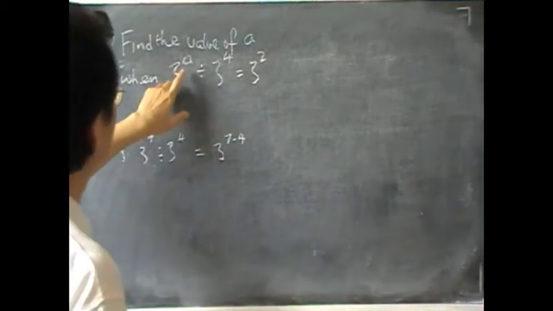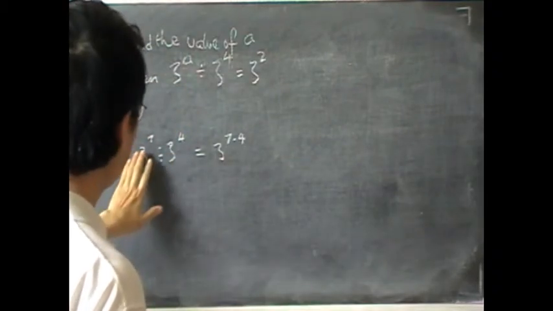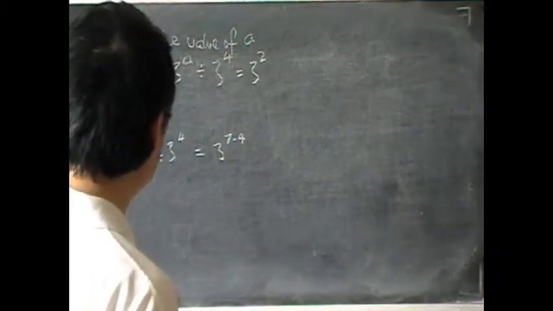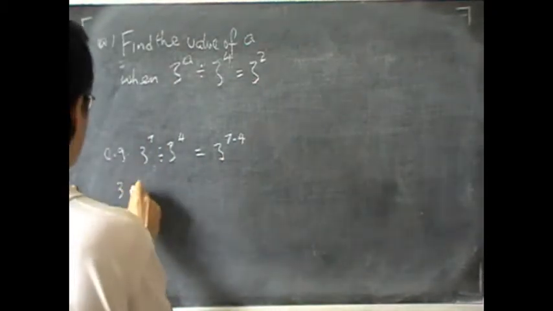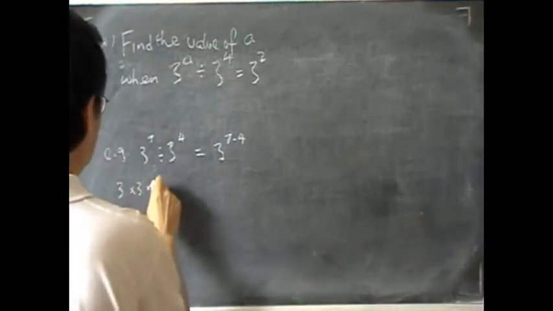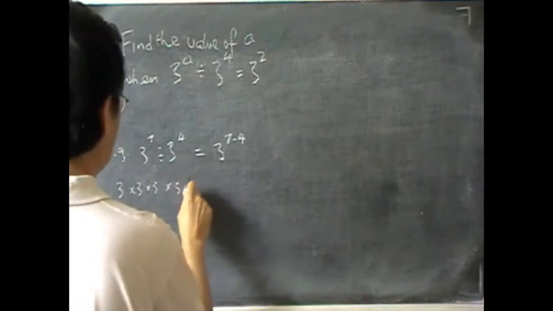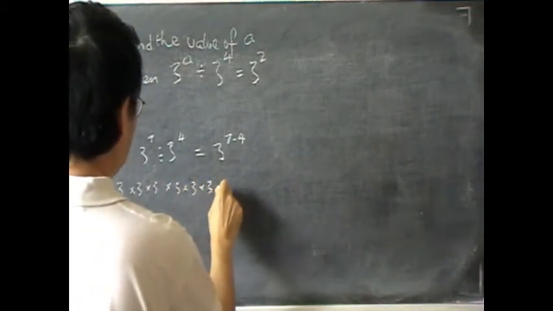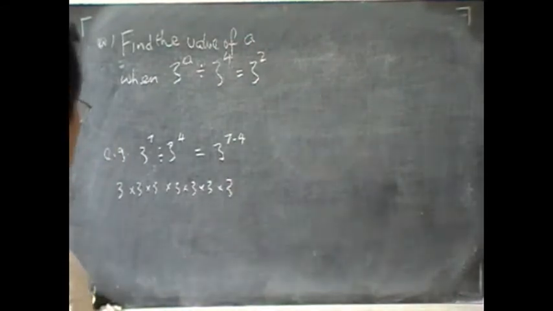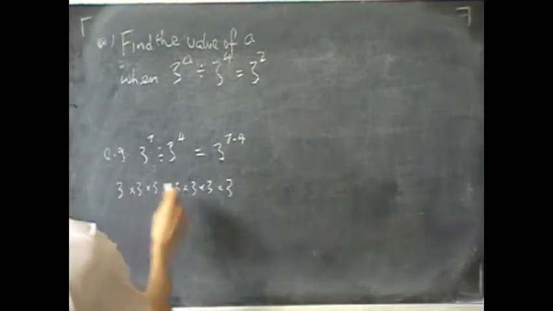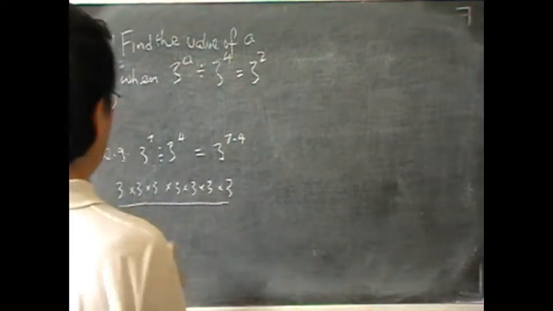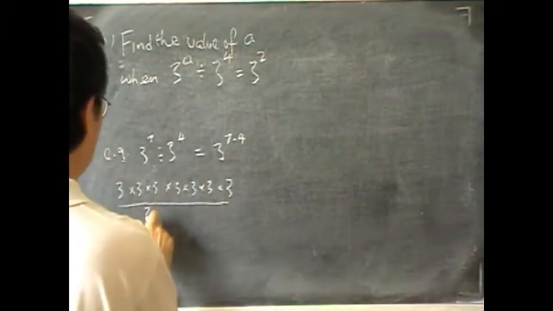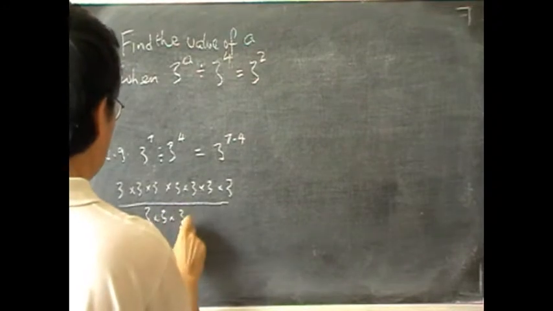And the reason why this happens is because 3 to the power of 7 is really 3 multiplied by itself seven times, 7 factors of 3. Divide by 3 to the power of 4 means 3 times 3 times 3 times 3.